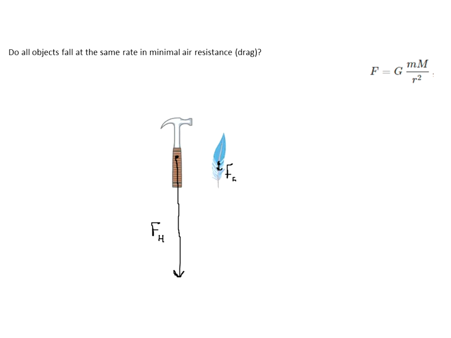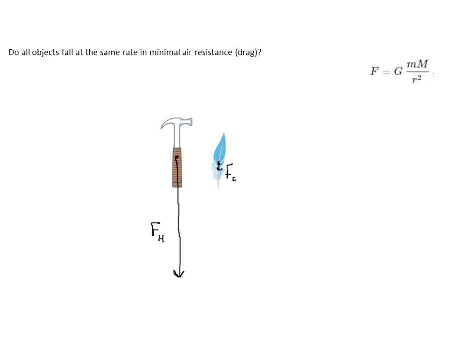So clearly the Earth's pull on the hammer is bigger than the Earth's pull on the feather, and that comes from this right here. So assuming that they're both dropped from the same height above the center of the Earth, r squared is the same for both. G is a constant. The Earth's mass is the same for both. The only thing different is little m. So for the feather, little m is small.